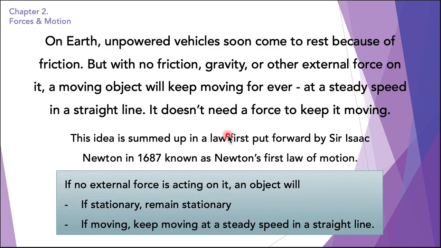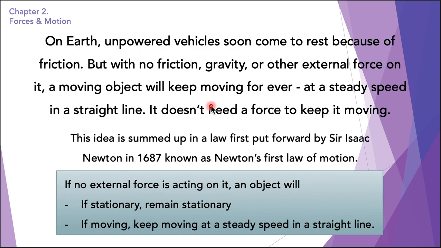On Earth, unpowered vehicles soon come to rest because of friction. But with no friction, gravity, or any other external force on it, a moving object will keep moving forever at a steady speed in a straight line. It doesn't need a force to keep it moving.